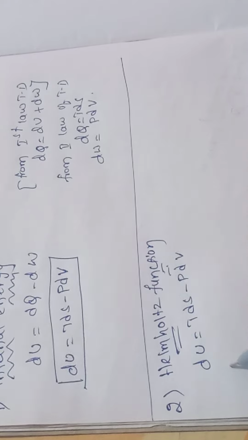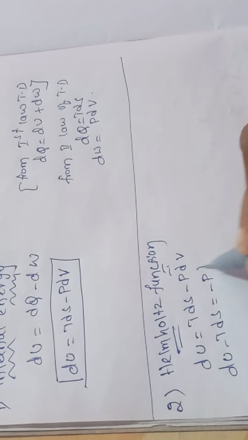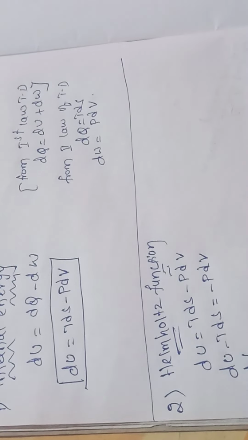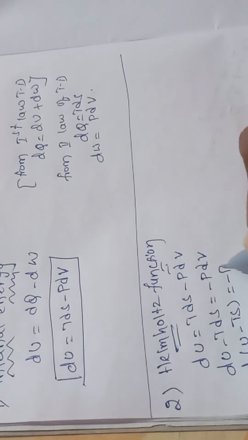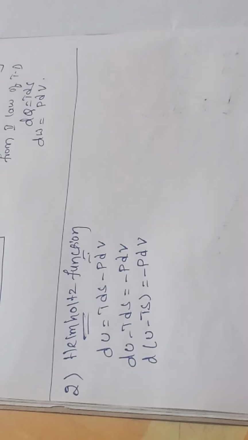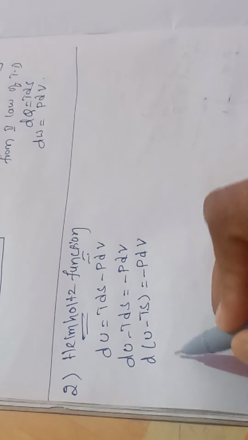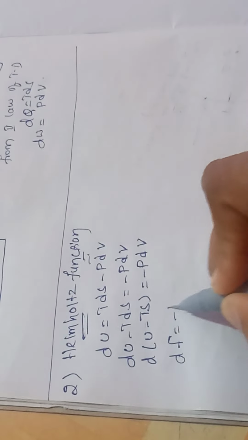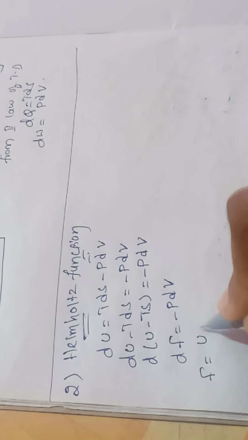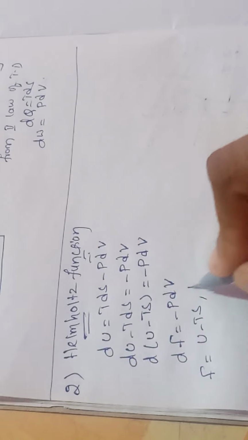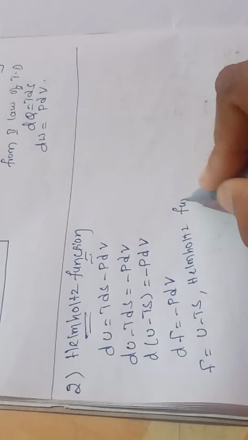From this equation I am writing dU minus TdS is equal to minus PdV, or d(U minus TS) is equal to minus PdV. And this is written as dF equal to minus PdV, where F is equal to U minus TS. We call it the Helmholtz function.